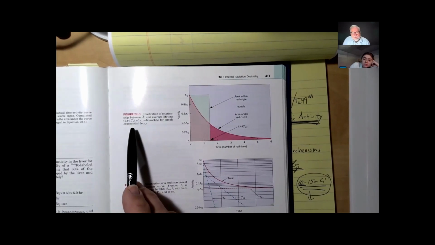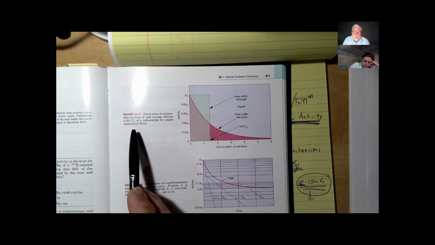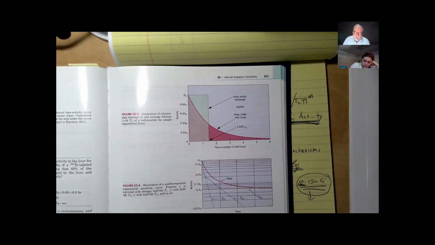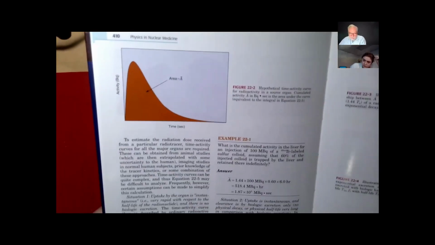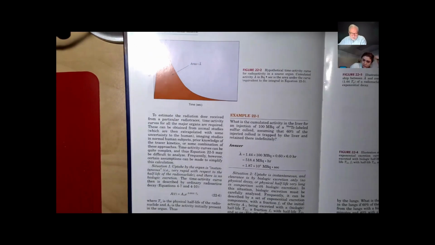You know that the natural log of 2 is 0.693, and if we take 1 divided by the ln of 2, we get 1.44. That's how they get at that derivation, and you find that on the previous page here.